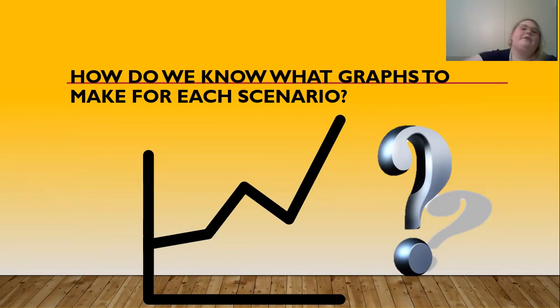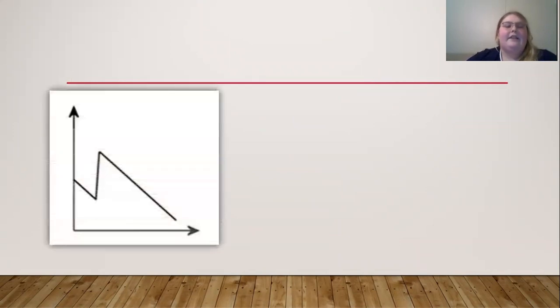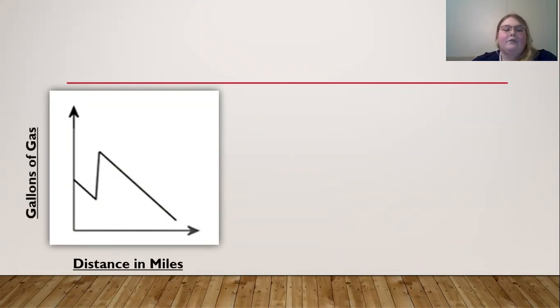Okay, so first things first, your scenario. We've got a couple different scenarios. We have gas in a gas tank, flagpole shadow, bouncy ball, and elevator. So you take those and you have to use a little bit of common sense. Here would be our gas tank one, and you have to label your x-axis and your y-axis, of course.